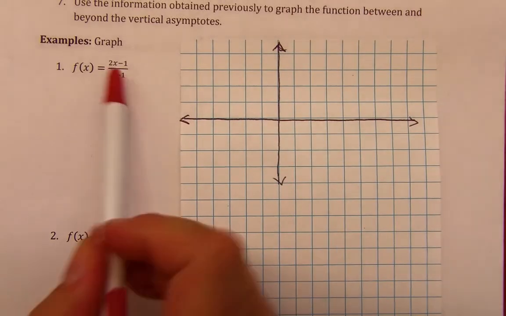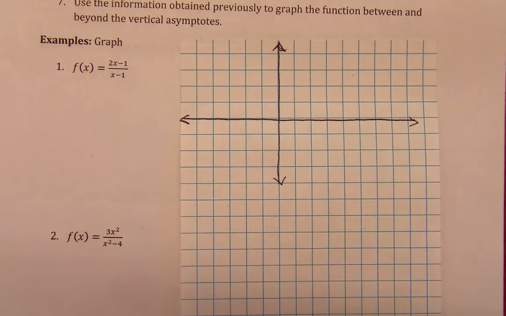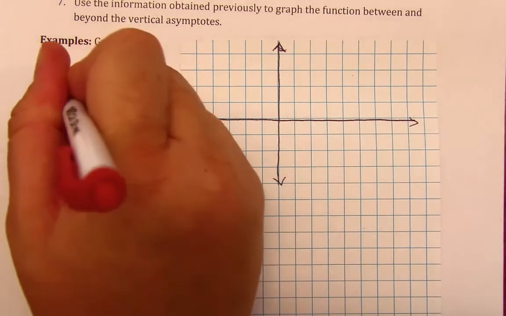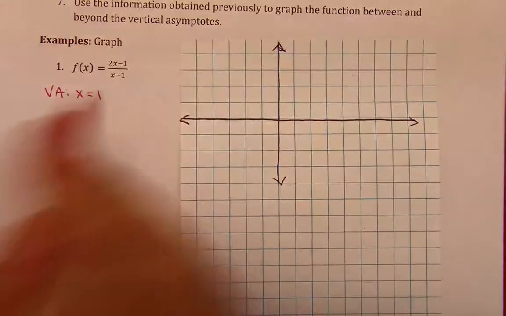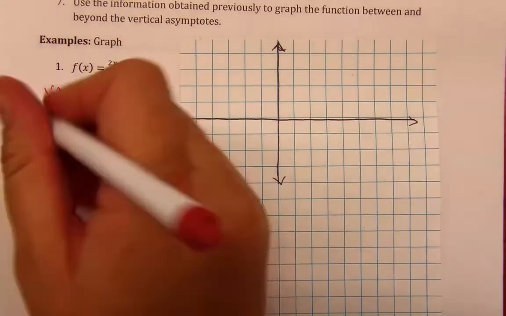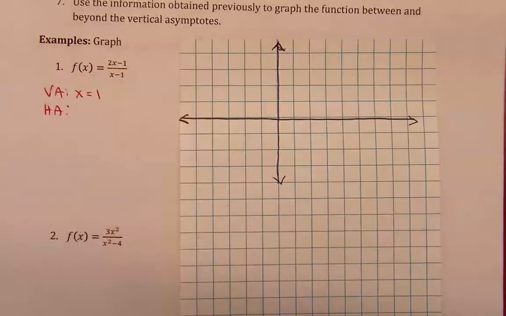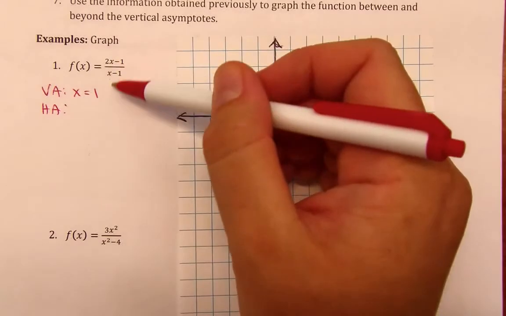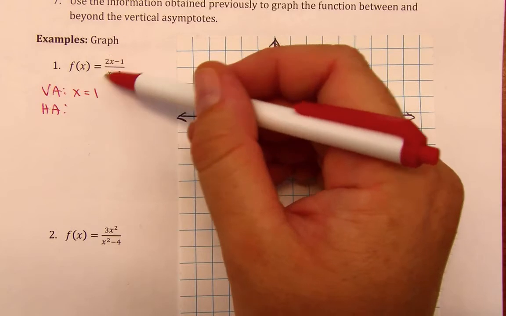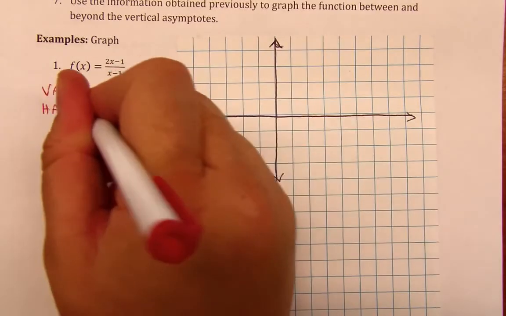So looking at my function here, I can gather some information. I have a vertical asymptote at positive 1, and that's because that's what would make my denominator 0. And I can also look for my horizontal asymptotes, which, since the degree of the top and the bottom is the same, my horizontal asymptote is going to be at these coefficients here, so that's y equals 2.